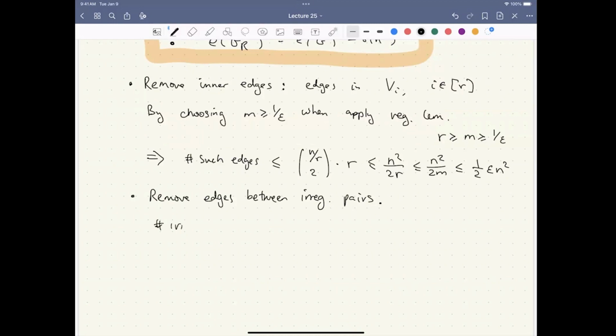The number of irregular pairs is at most epsilon r squared, which implies the number of such edges is at most, in the worst case where you have all edges between n over r and n over r, again epsilon n squared. The remaining kind is the sparse one.